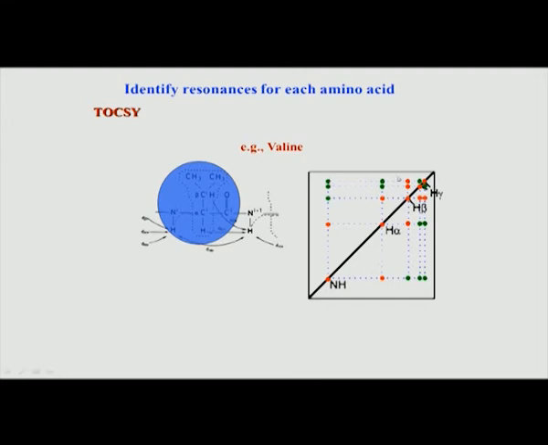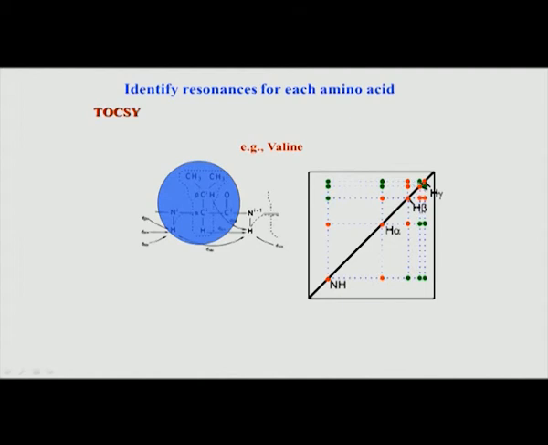So, this is known as stereospecific prochiral protons. These prochiral methyls right now we cannot distinguish, but we will say there are 2 gammas. So, this is the pattern shown in this picture here for a TOCSY spectrum of valine.